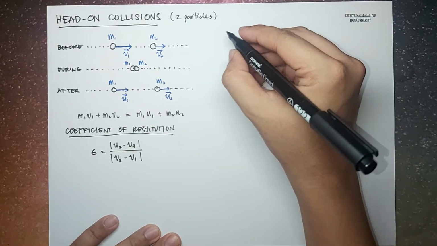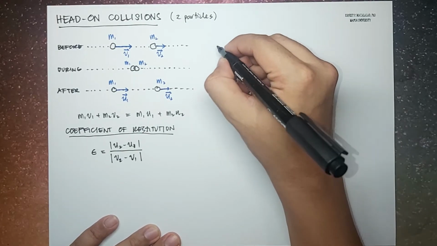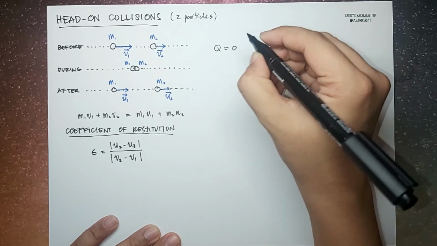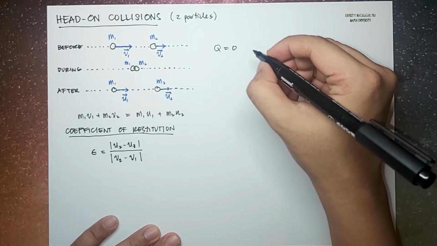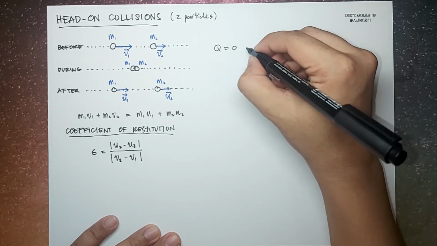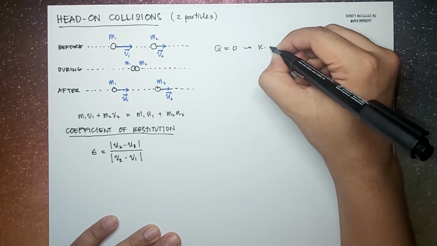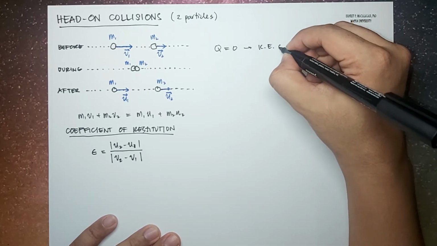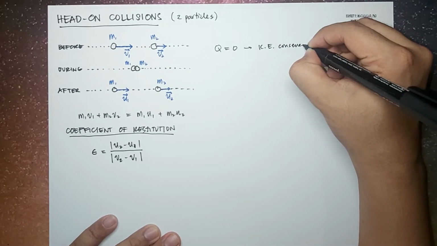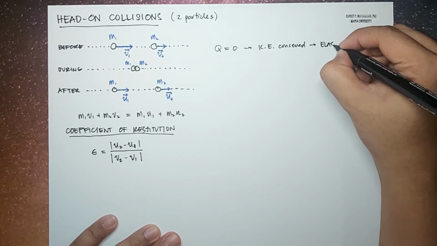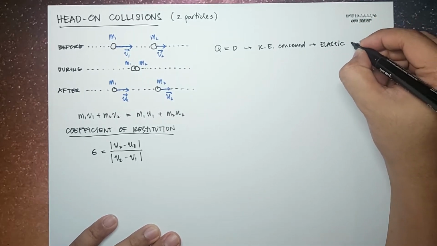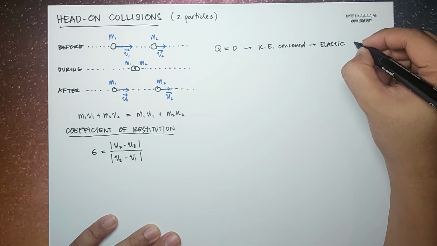So we already know before that when Q is 0, so this is your either loss or net gain of kinetic energy, if Q is 0, that means the kinetic energy is conserved, and we call this an elastic collision.